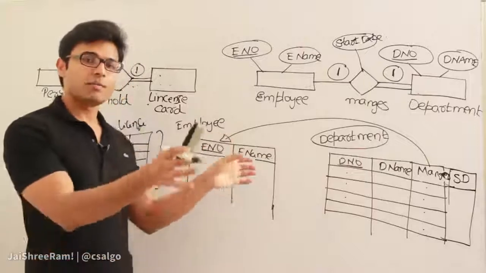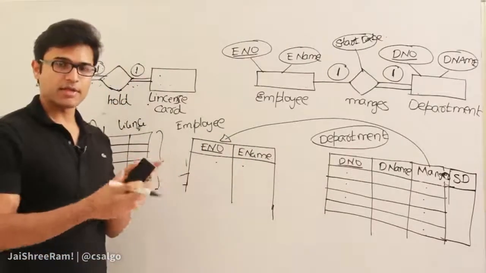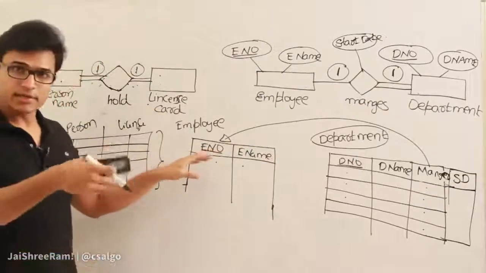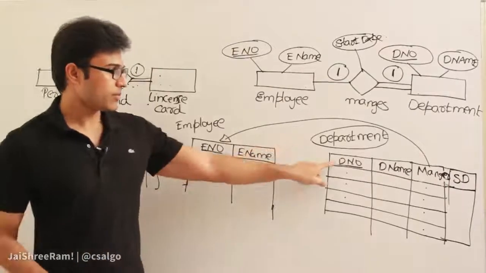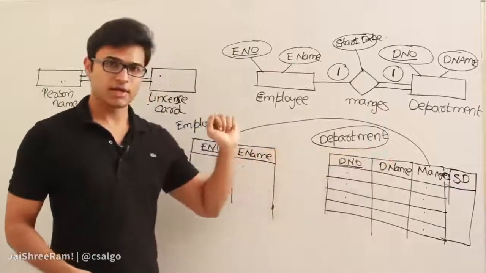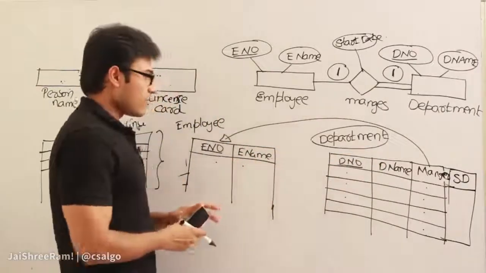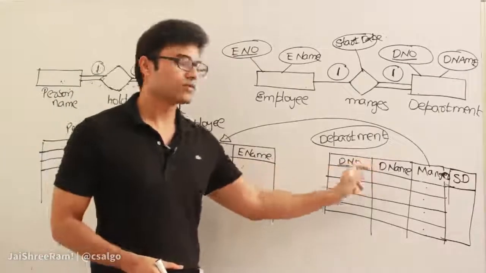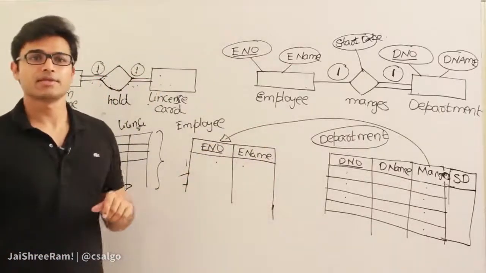Now what happens if you have done the same thing here? If I try to combine them, whenever I combine two tables, the total attributes are going to increase, right? So that resulting table is going to have the attributes employee name, employee number, department name, everything, right? Now when I combine these two, the problem is that for most of the employees, these attributes will be empty because only some of the employees are managing the departments.